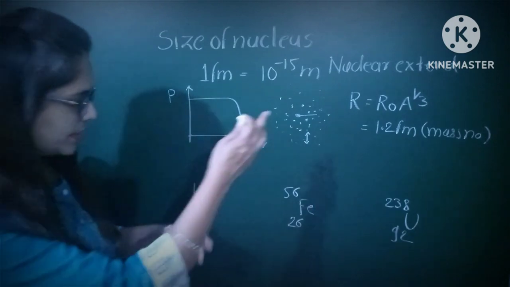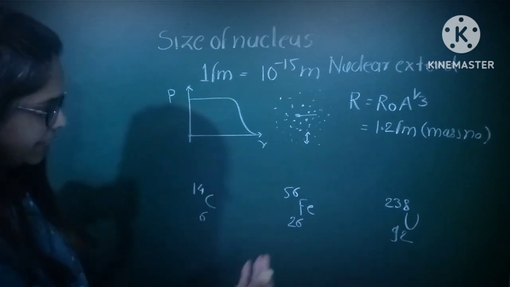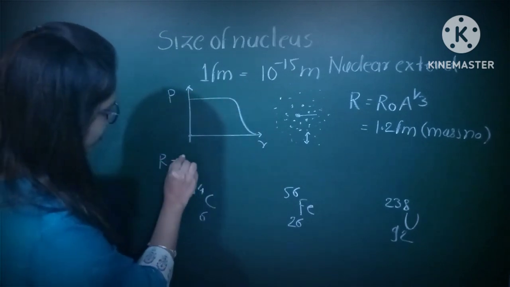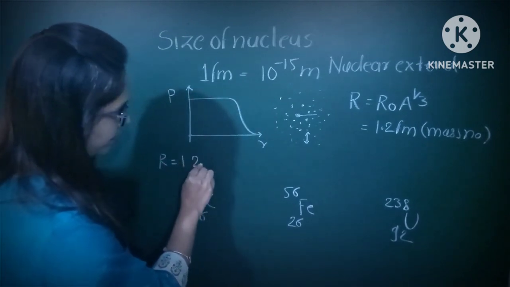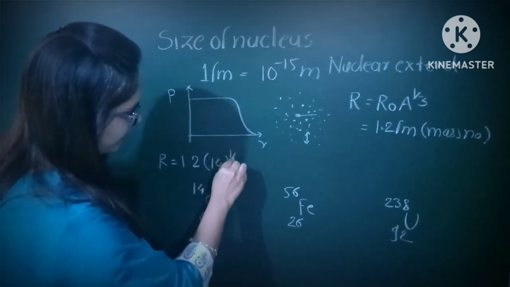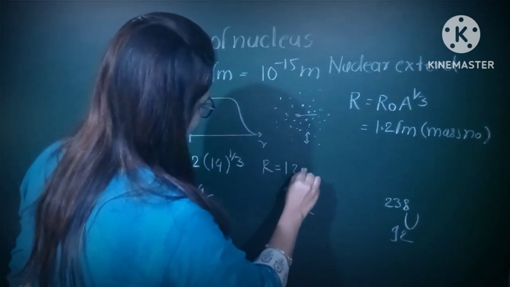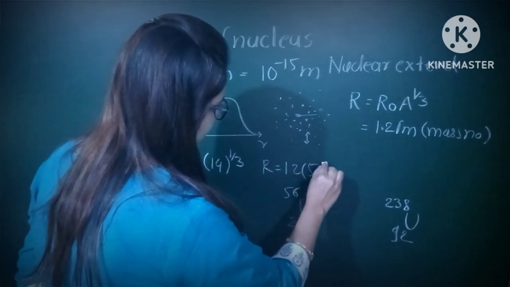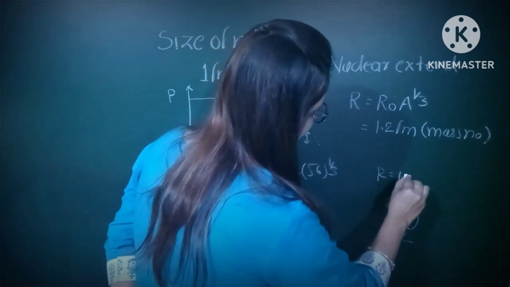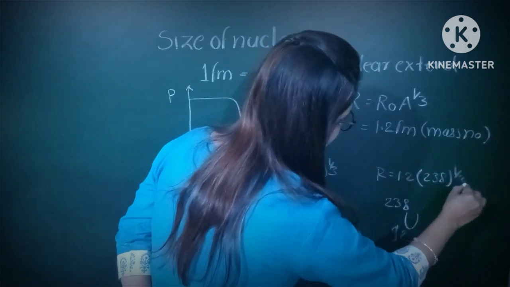For these three different elements in the periodic table, R is equal to R naught, which is 1.2, times A, the mass number, which is 14 raised to 1 by 3. We use the same formula for 56 raised to 1 by 3 and then 238 raised to 1 by 3.